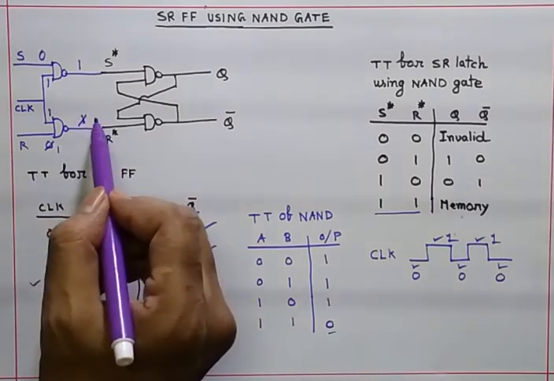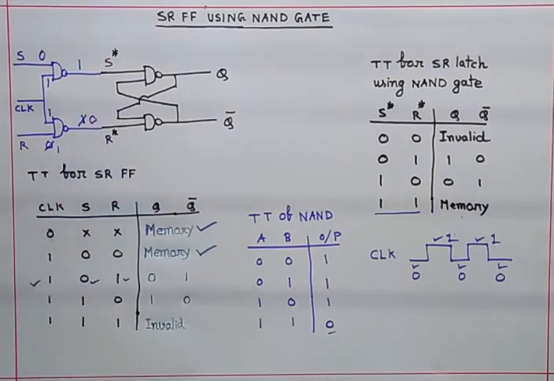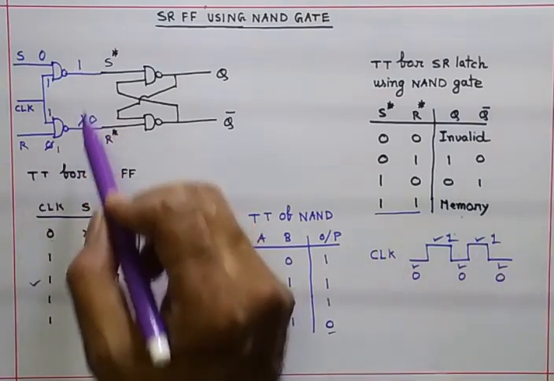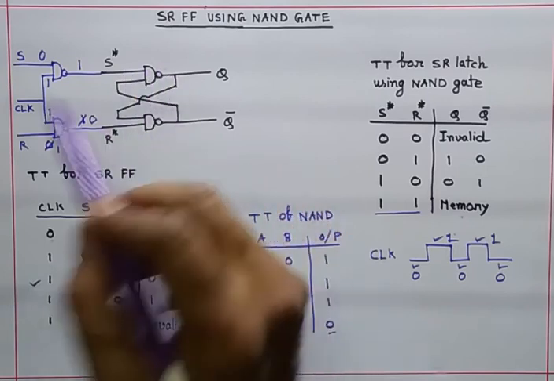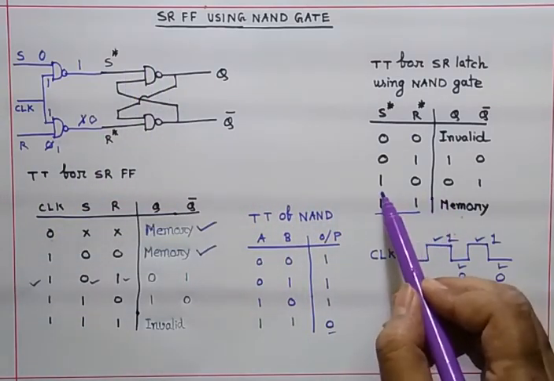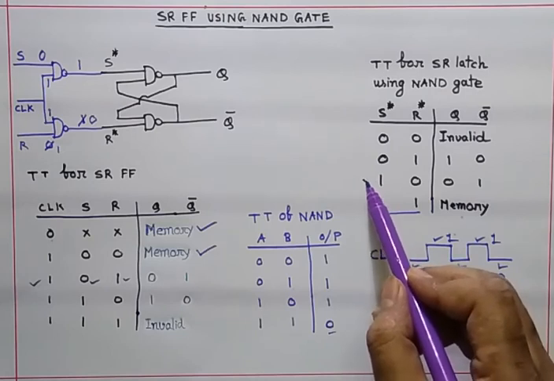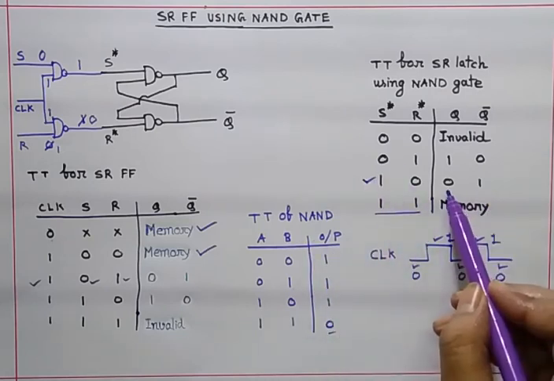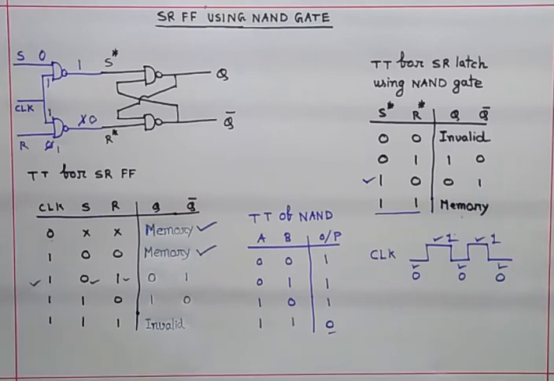That means now it is 0. Now you are giving 1 0 input to this SR latch. Now see that for 1 0 input, the SR latch output is 0 1. That means here the outcome will be 0 1.